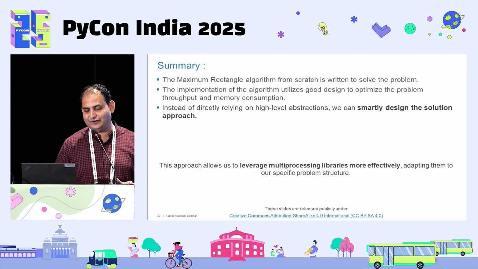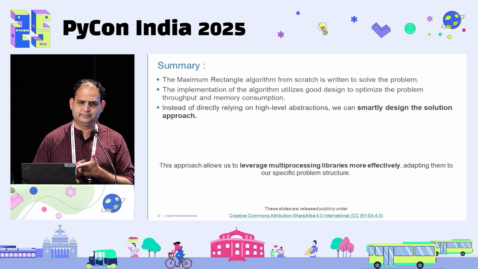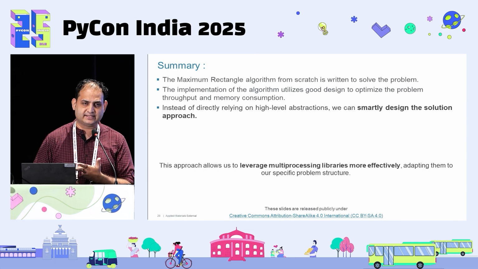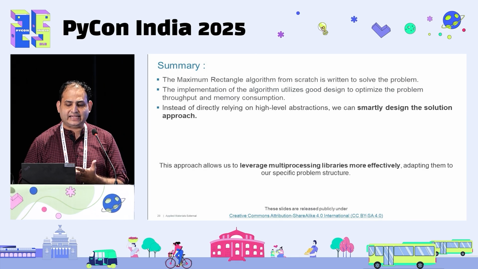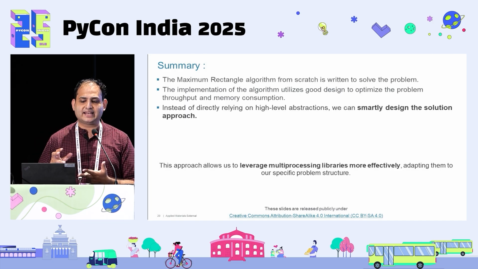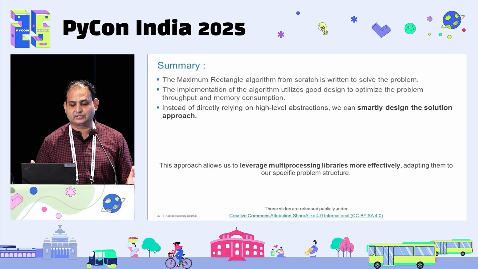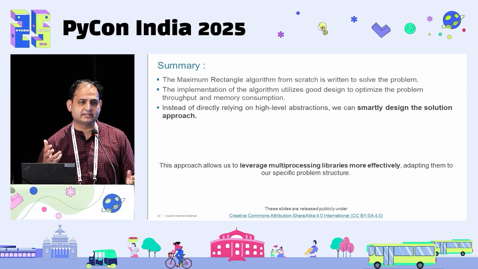What is the summary of this talk? The algorithm was written, it's good. The implementation of the algorithm utilizes multiprocessing, which is also good, but the actual key lies in that, instead of directly relying on high-level abstractions, we can smartly design the solution approach. Python is powerful, but your design matters a lot.